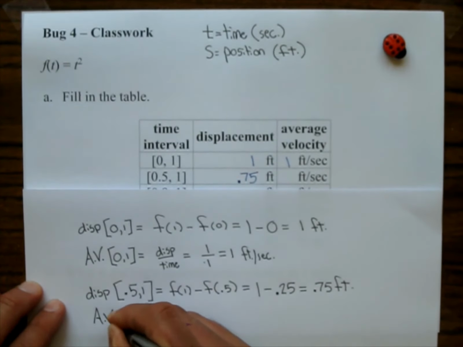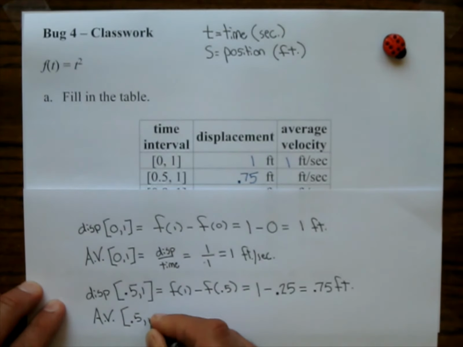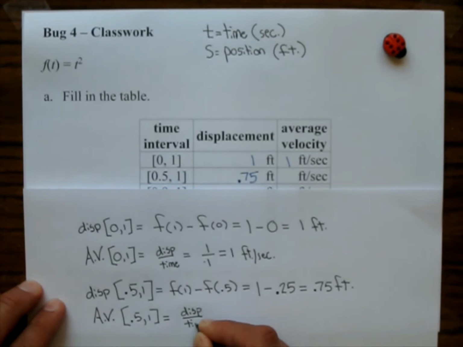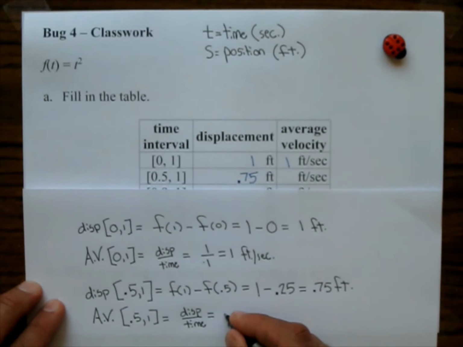Okay, let's go ahead and find the average velocity. Average velocity from the time interval 0.5 to 1 is really the displacement over the time. This would be 0.75, and the time on this is 0.5.